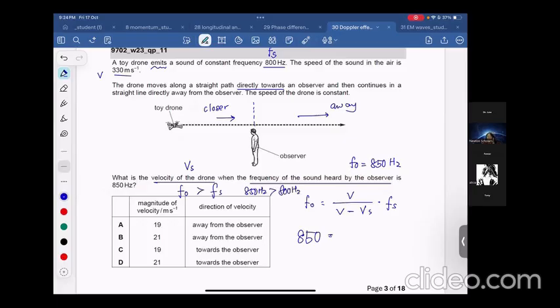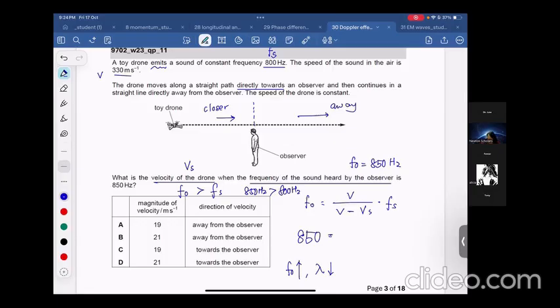So can you tell me, right now is it towards or away from me? Your FO right now is higher. So actually is it away or towards? The wavelength becomes shorter. So is it towards or away? Towards. Vashini said towards. Kai-Xian said towards. Wesley said towards. Yes, Wesley.